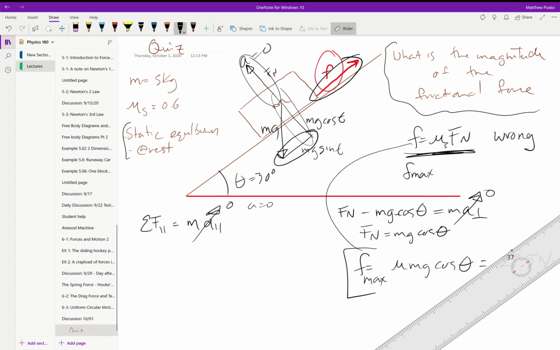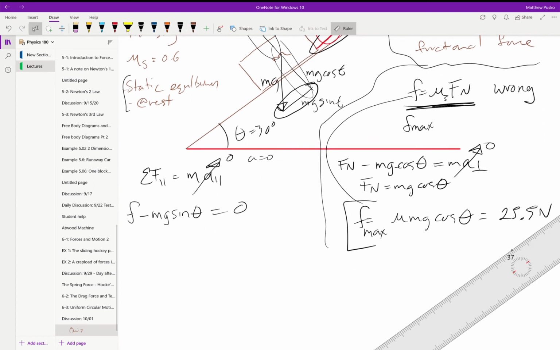So we cross that out, and then we look at our forces. I have a frictional force going up. I have a minus mg sine theta going down. That all equals 0. So without doing any of this, which only gave us the maximum friction, we can calculate the friction directly from mg sine theta.